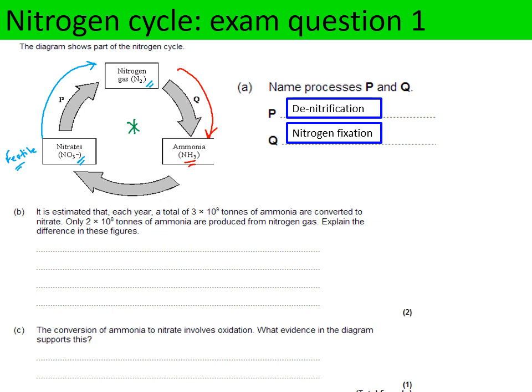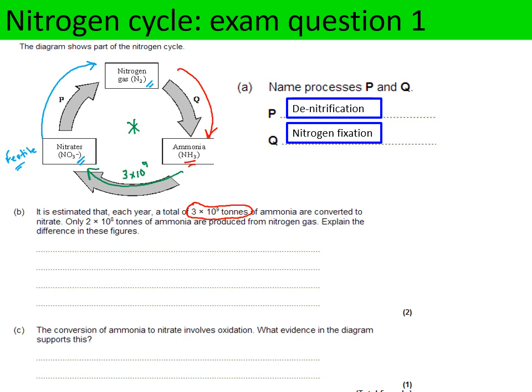Now the next part of the question says each year a total of 3 billion tons of ammonia is converted to nitrate. So this step, if we do this maybe in green here at the bottom, it says 3 times 10 to the power 9, which is 3 billion tons of ammonia, is converted to nitrates.